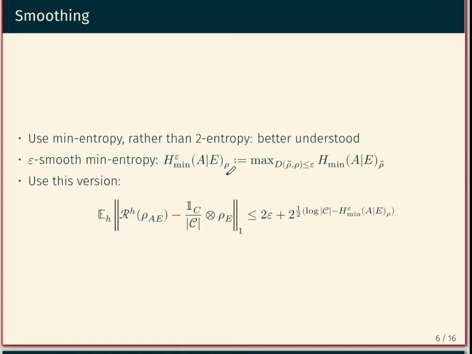Instead of computing the min entropy directly on the state that we have, we take the best state that is close to it. We look at a ball of radius epsilon around rho and take the state in there that has the highest min entropy. That's going to be the epsilon smooth min entropy of rho. The distance measure here is called the purified distance, but it's not so important for this talk.